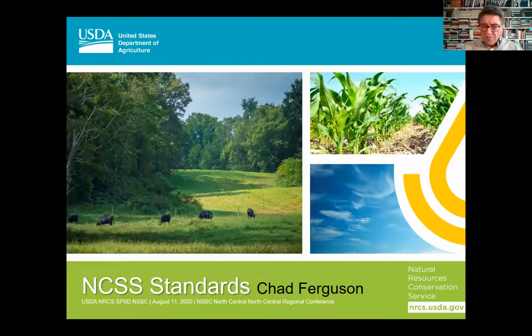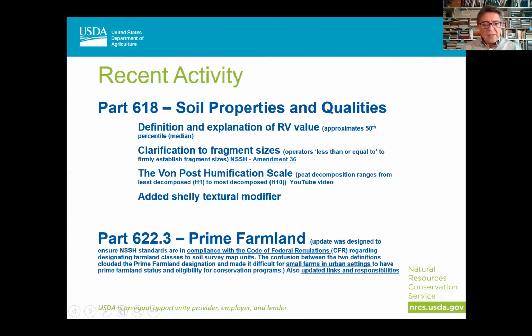The recent activities: there's quite a bit going on in part 618 of the National Soil Survey Handbook. The representative value now has been defined in such a way that it approximates the 50th percentile, the median.